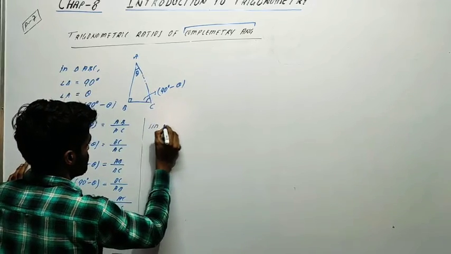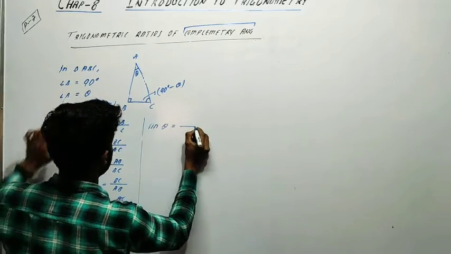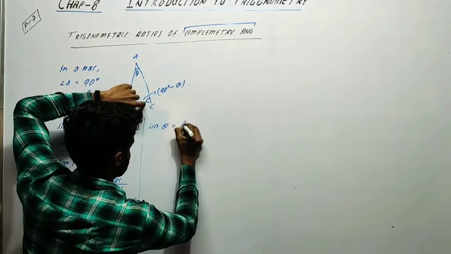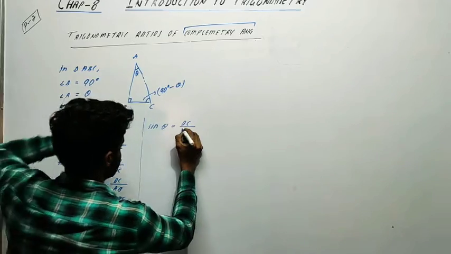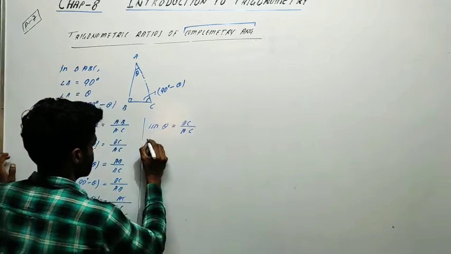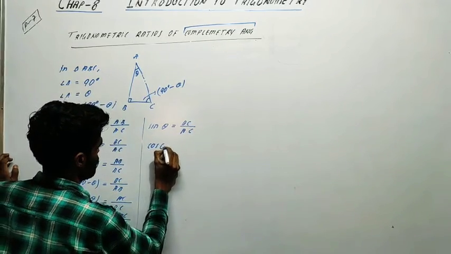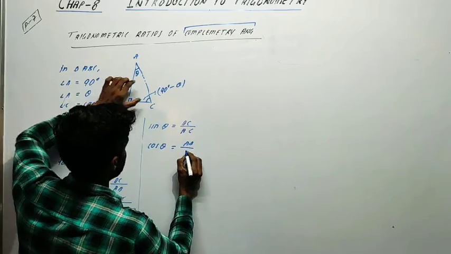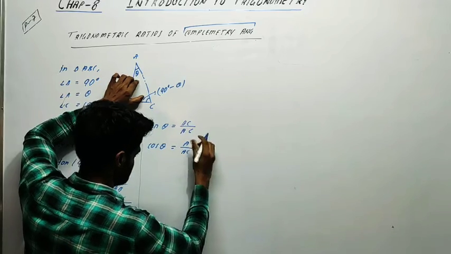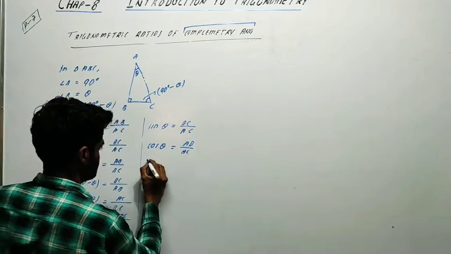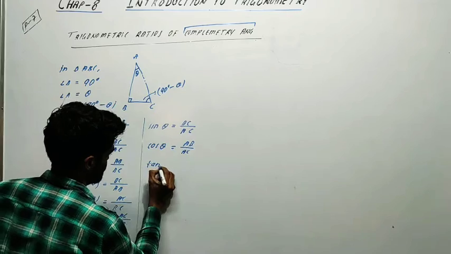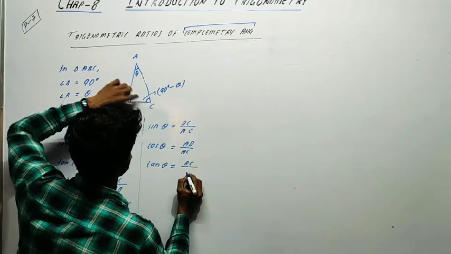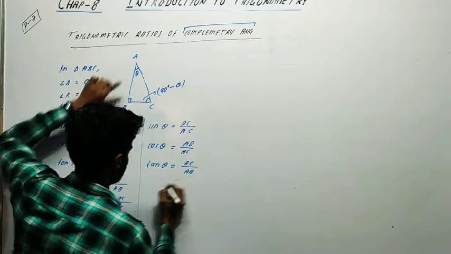Now sin theta is equal to perpendicular upon hypotenuse. For angle A, the perpendicular is BC and the hypotenuse remains the same in all cases, that is AC. Now cos theta is equal to base upon hypotenuse. Base is AB and hypotenuse is AC. Tan theta is equal to perpendicular upon base, BC upon AB.